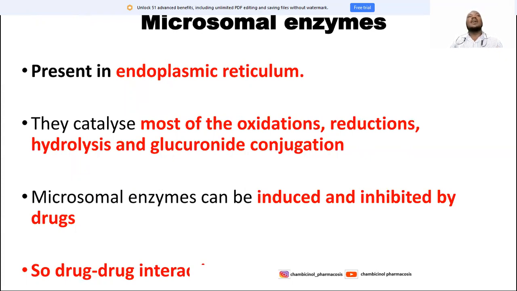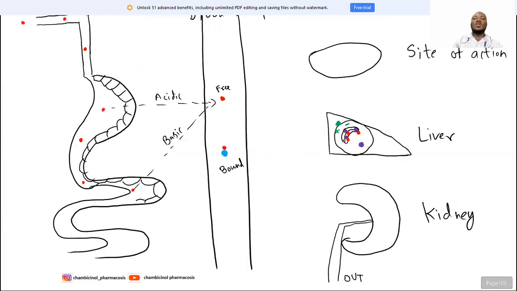The first three reactions, oxidation, reduction, and hydrolysis, use microsomal enzymes, but the last two, cyclization and decyclization, use non-microsomal enzymes. These enzymes can be induced, meaning that if you take some other drugs, they have a tendency to increase the activity of the enzyme. We call this enzyme induction. They can also be inhibited, which can lead to drug interactions.